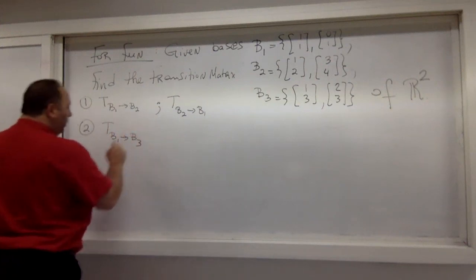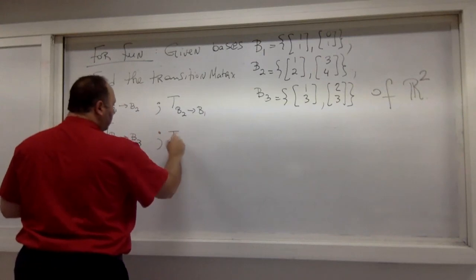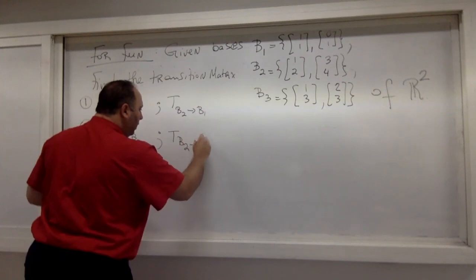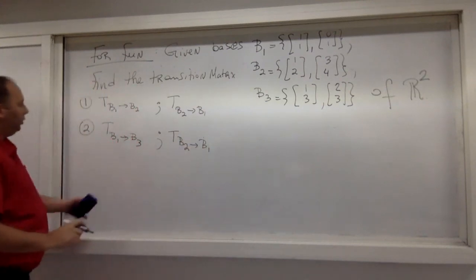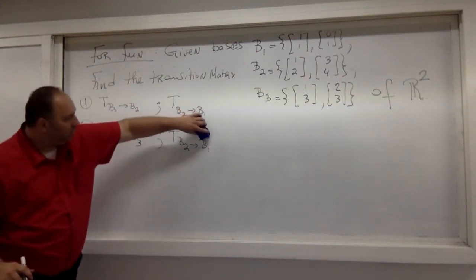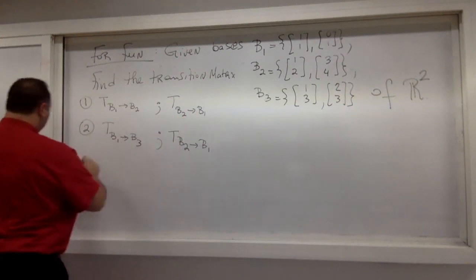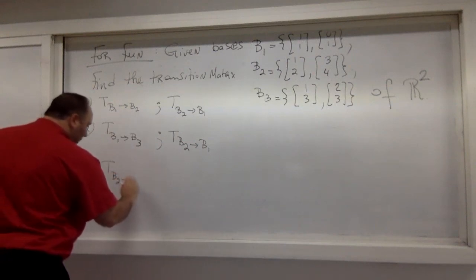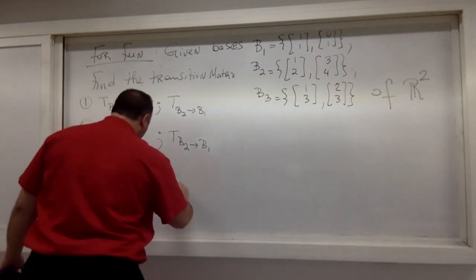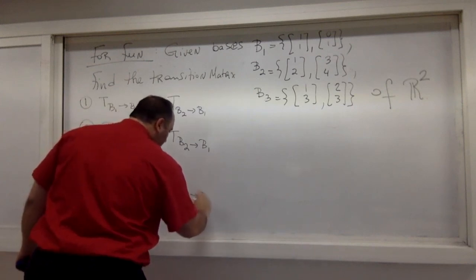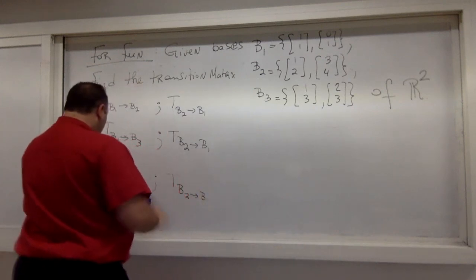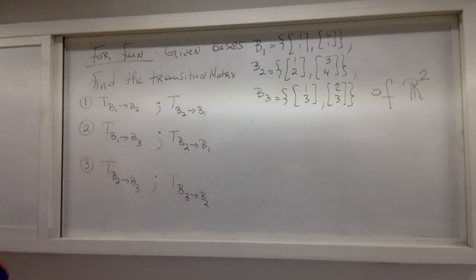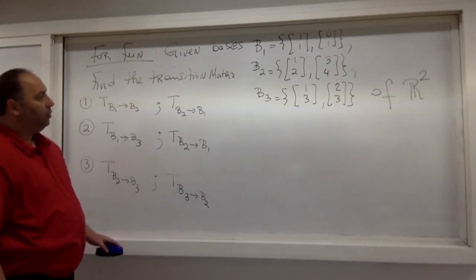So going from B1 to B3, and after that you go back, from B3 to B1. What do you do? Well, once you compute this, you compute the inverse and you get this guy, no trouble. And the last one, go from B2 to B3. And once you do that, you can compute the inverse and go from B3 to B2. Excited? So these things you can compute quite easily.